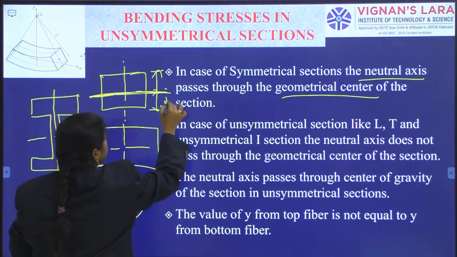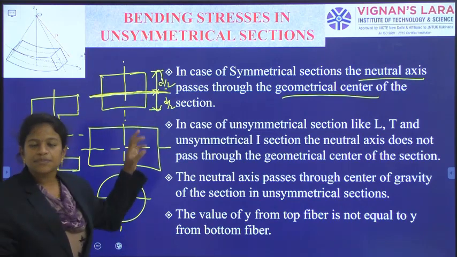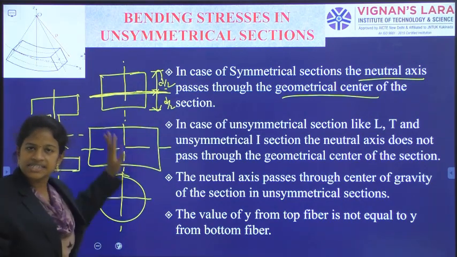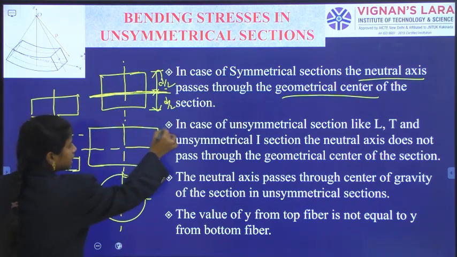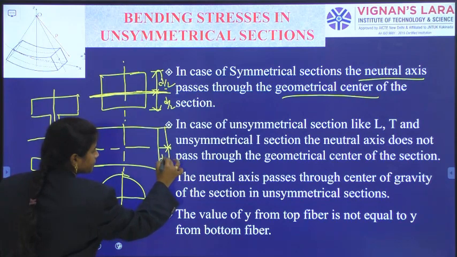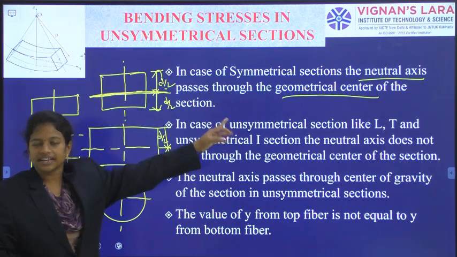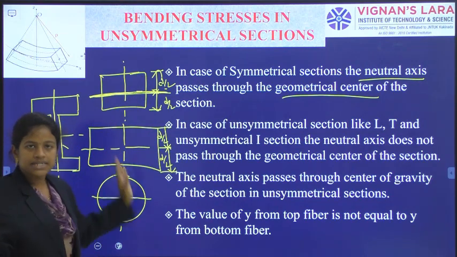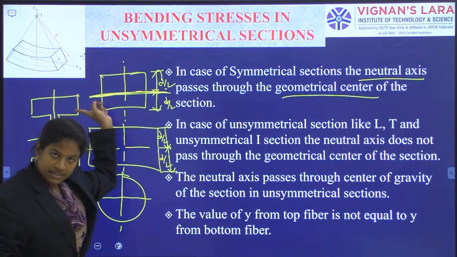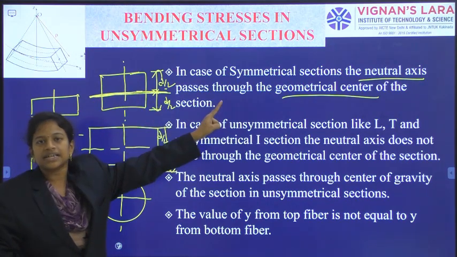The geometrical center line is the line located at half the depth of the section, whatever the section shape. So total depth by 2 will be the location of the geometrical center line. In this way, all these symmetrical sections will have the neutral axis, nothing but the centroidal axis, coinciding with the geometrical center line.